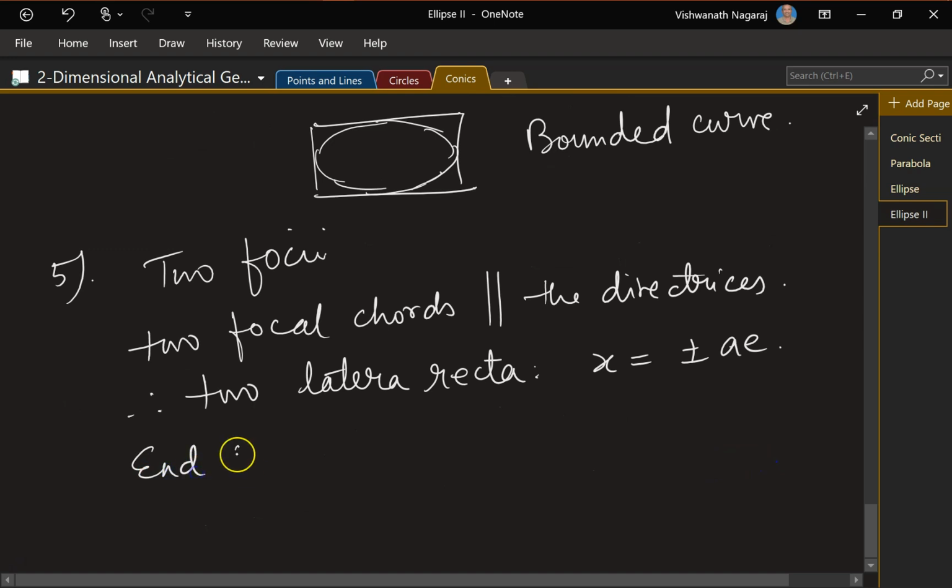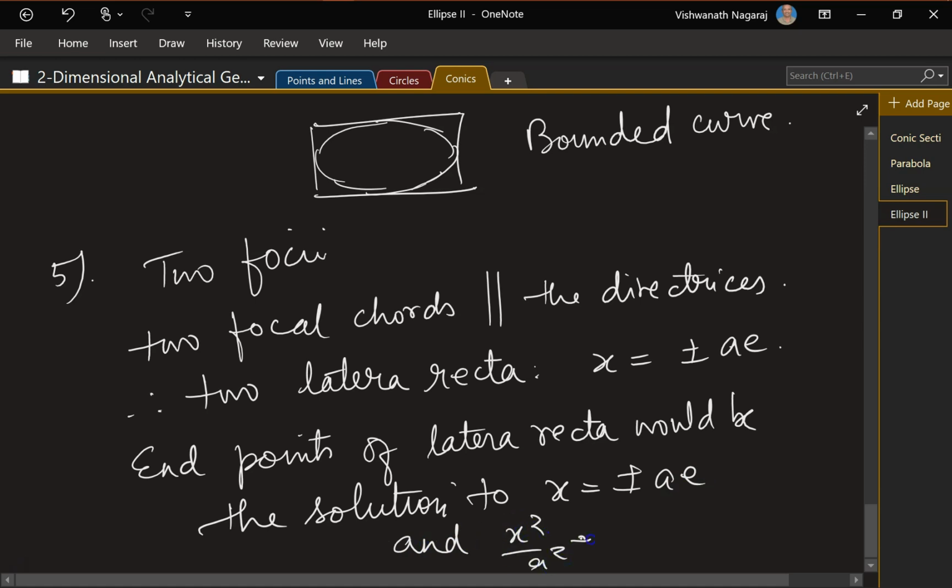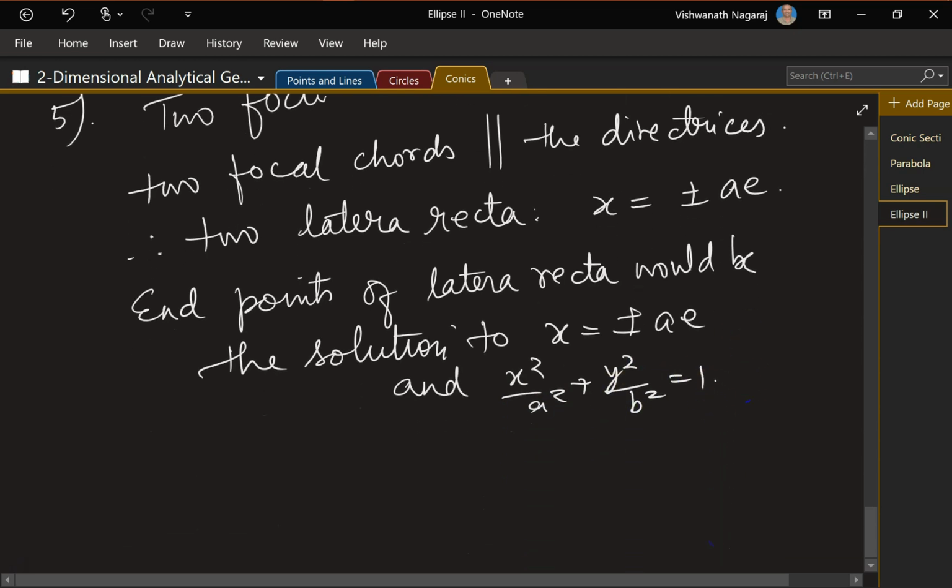The end points of the latera recta would be the solution to x equal to plus or minus ae and x square by a square plus y square by b square equal to 1. So if we solve these two, then we'll get the points where the latera recta and the ellipse meet, and that is nothing but the end points of the latera recta.